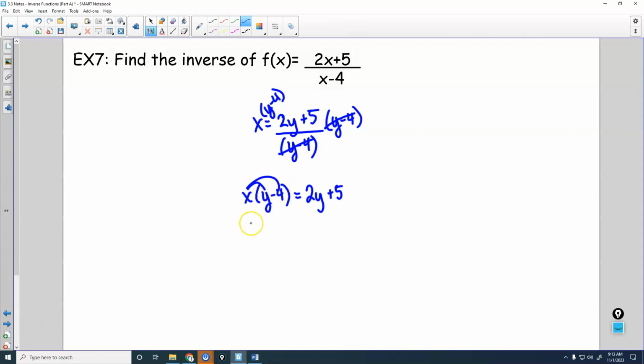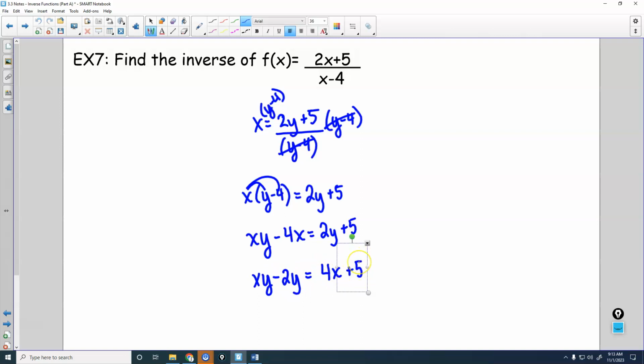So if you distribute that x, you have xy minus 4x equals 2y plus 5. You can move everything with a y to the left side and everything with an x to the right side.